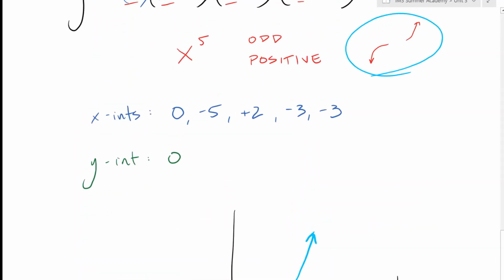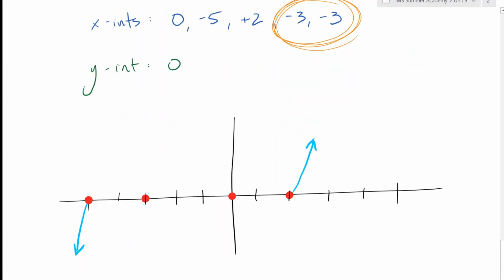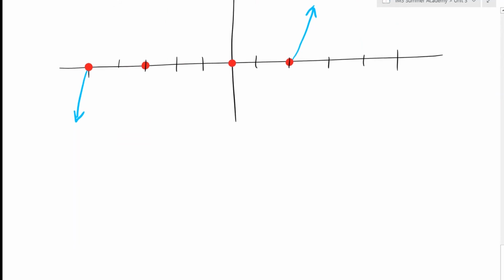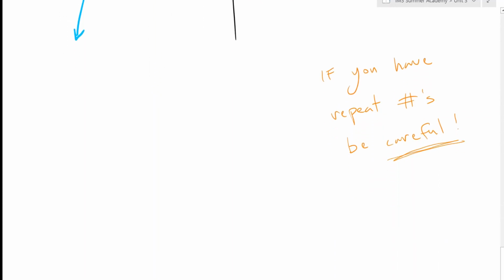What's special is that we have these two numbers. So right now, make a little note. If you have repeat numbers, be careful. Alright, so once numbers start to repeat, fun things happen. And here's the general form for it.